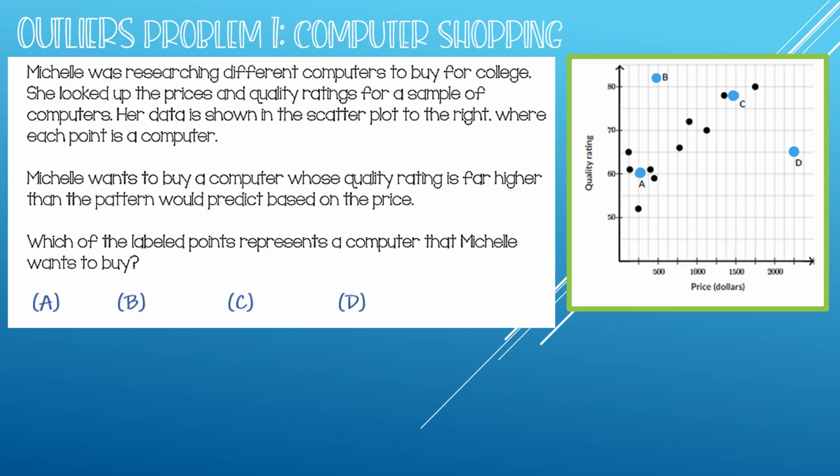So price was along the x-axis and quality rating is on the y-axis. So we're looking for a point that has the lower price but higher rating. Which of the labeled points represents a computer that Michelle wants to buy? And of course, this is going to be point B up there to the left.